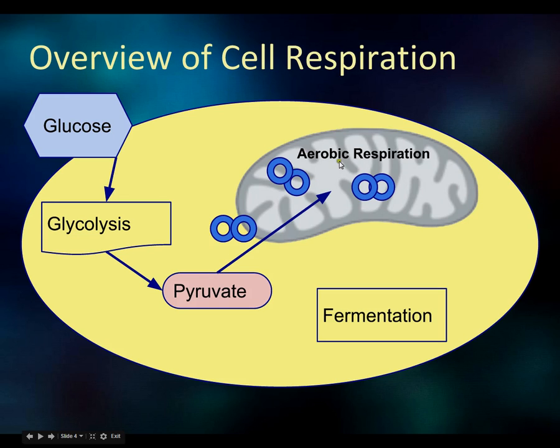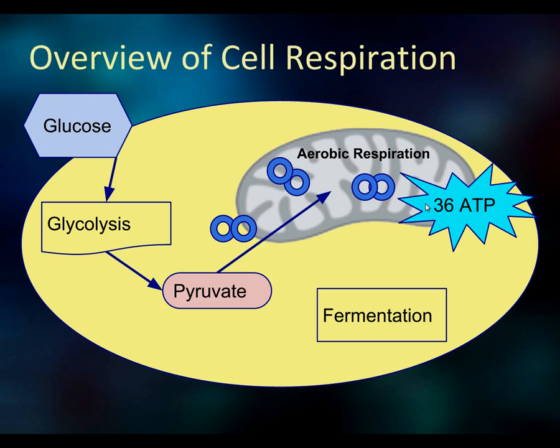Our pyruvate moves into the mitochondria for aerobic respiration when there is oxygen present. During aerobic respiration, in the mitochondria, we're going to get out 36 ATP molecules. So that's pretty amazing. That's a lot of ATP. And this is a chemical process that happens in the mitochondria. And that's section 2 for chapter 7, so we'll go into more detail for this later. But for now, this pyruvate molecule that's made during glycolysis from glucose will move into the mitochondria and do aerobic respiration if there is oxygen present and a mitochondria present.